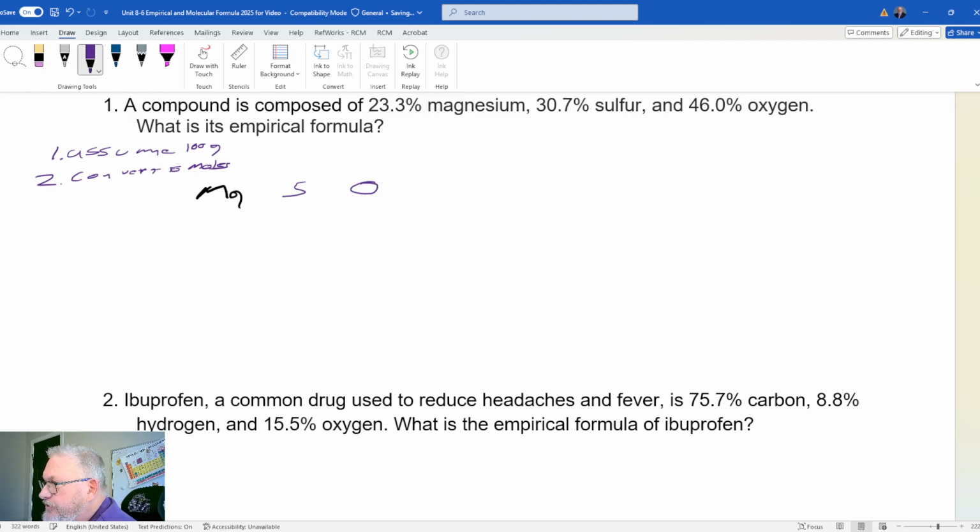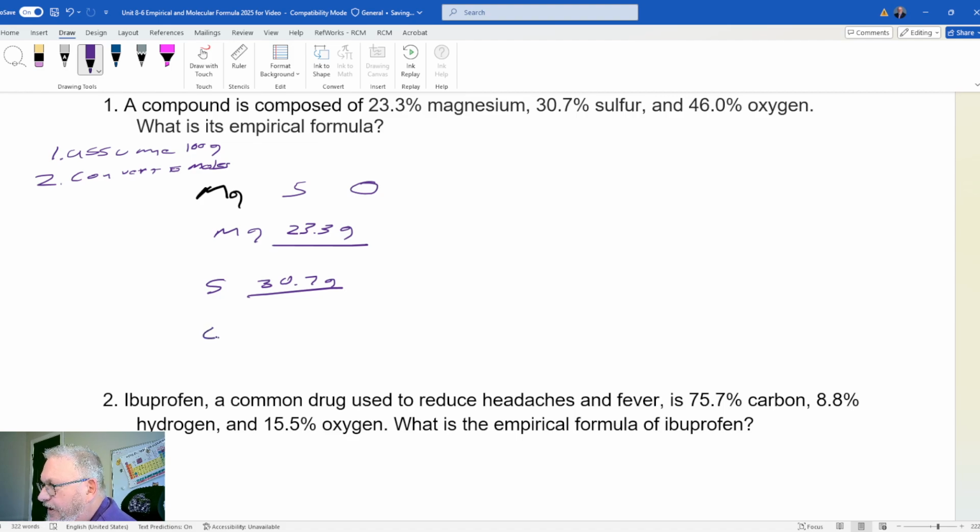All right, so if I've got magnesium and it's at 23.3 grams, I got to convert that into moles. How do I do that? Well, I'm going to divide by the molar mass. If I have sulfur and I've got 30.7 grams of sulfur, I'm going to divide by the molar mass.